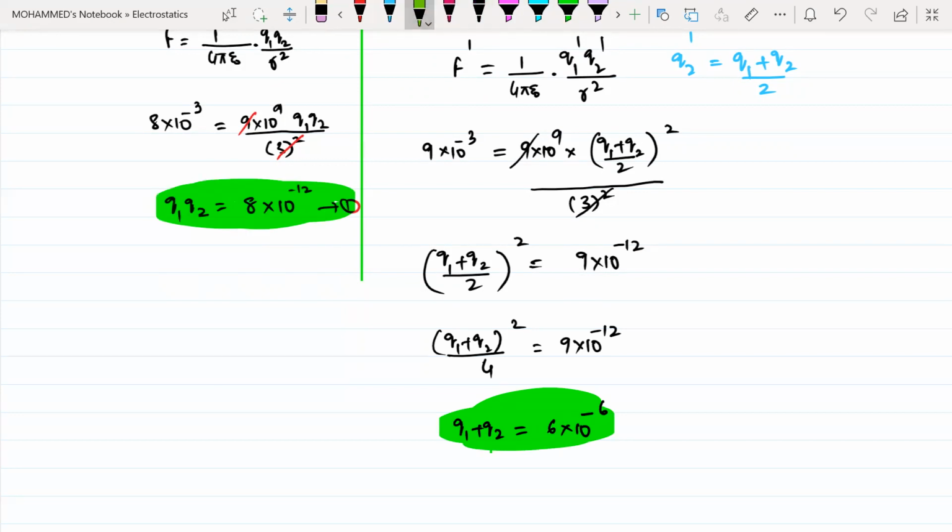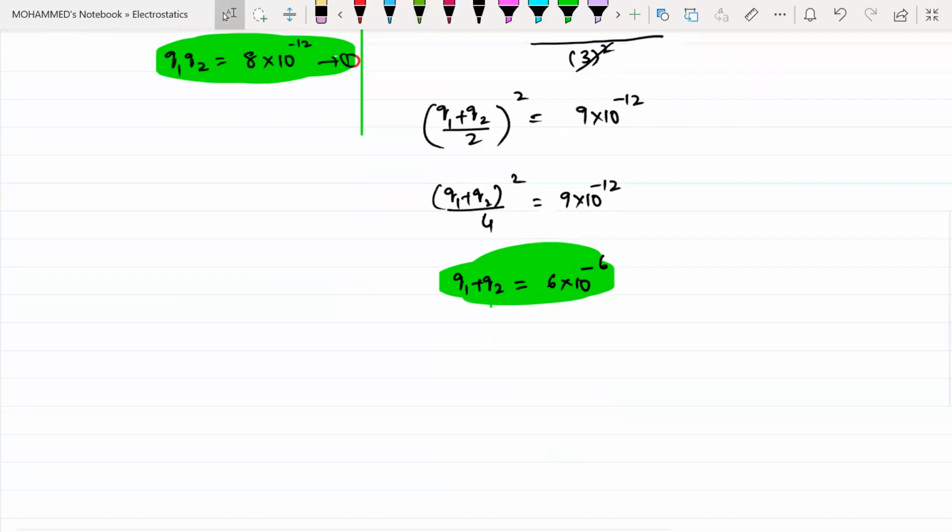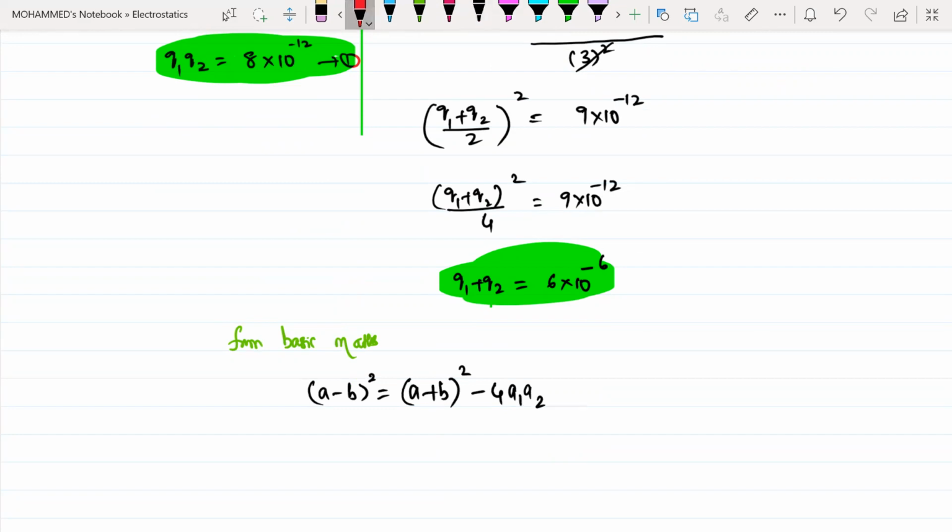We know the basic mathematics here, from your basic maths, this you should remember. I hope you might already know it, but still I am writing here. It is (A − B) whole square equal to (A + B) whole square minus 4 times A into B. This is basic maths you should be knowing.